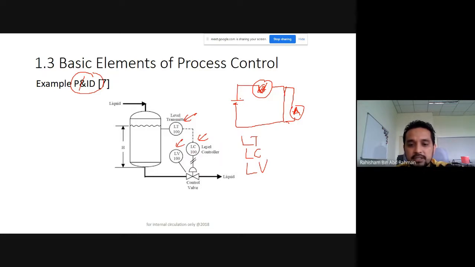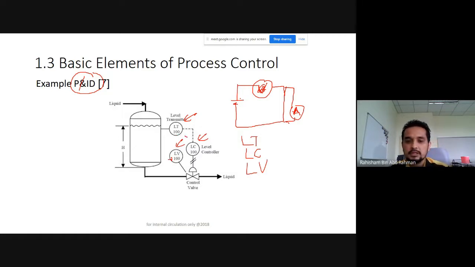What is LC? Level controller. What is LV100? Level valve, a control valve, with a certain rating, etc. So they have their own illustration to display the control system as simply as possible.